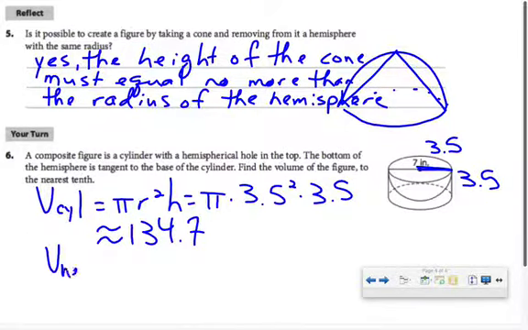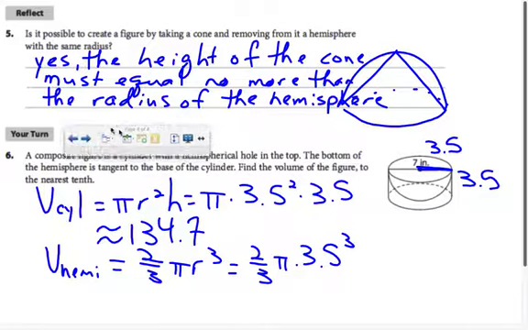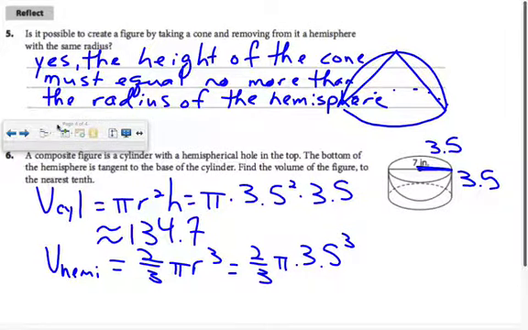So the volume of the hemisphere is 2/3 pi r cubed, so that's 2/3 pi times 3.5 cubed, which is 89.8.